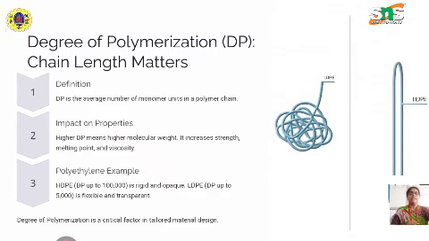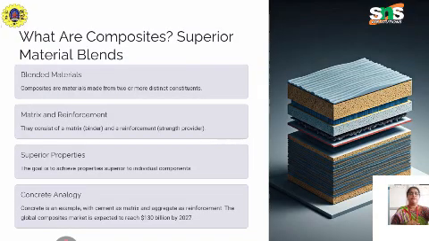From this example, it's clear how the degree of polymerization matters in determining the material's characteristics. So degree of polymerization is a critical factor in tailored material design, and it's important to choose it in an appropriate way.